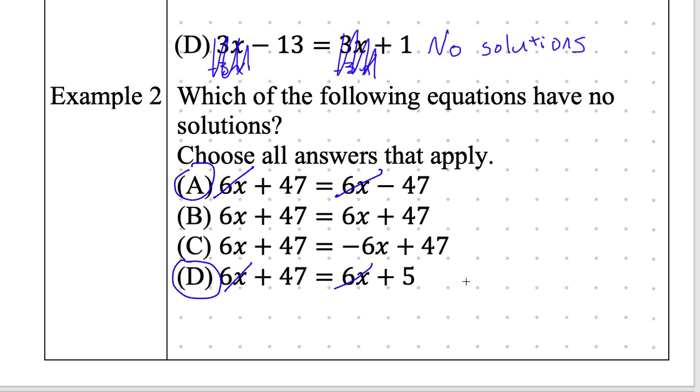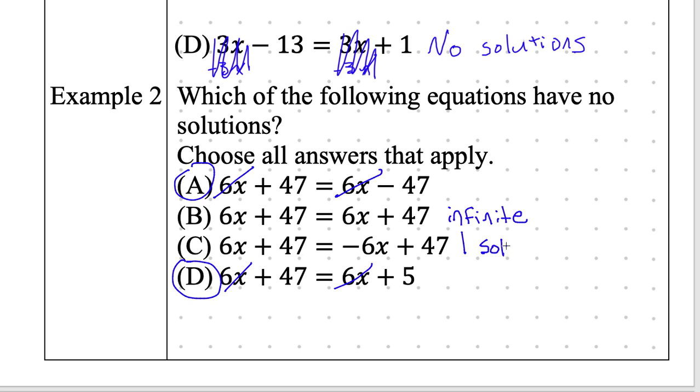Is there a quiet raised hand that can tell me what type of answer B is? Is it one solution? Is it infinite solutions? Is it no solutions? Probably not no solutions. Hazi? It's infinite solutions. Why infinite? Because it's the same on both sides. There it is. Same on both sides is infinite. Thank you, Hazi. And then finally C. Jade. One solution. Why?